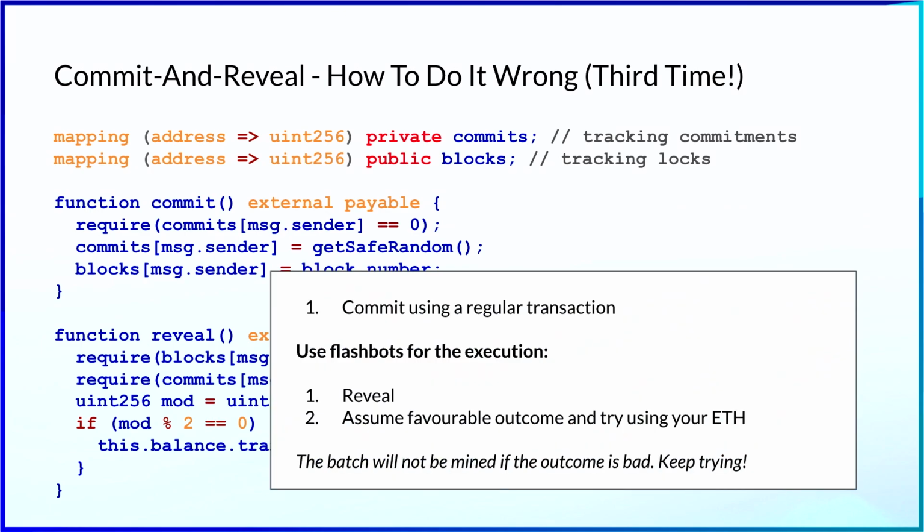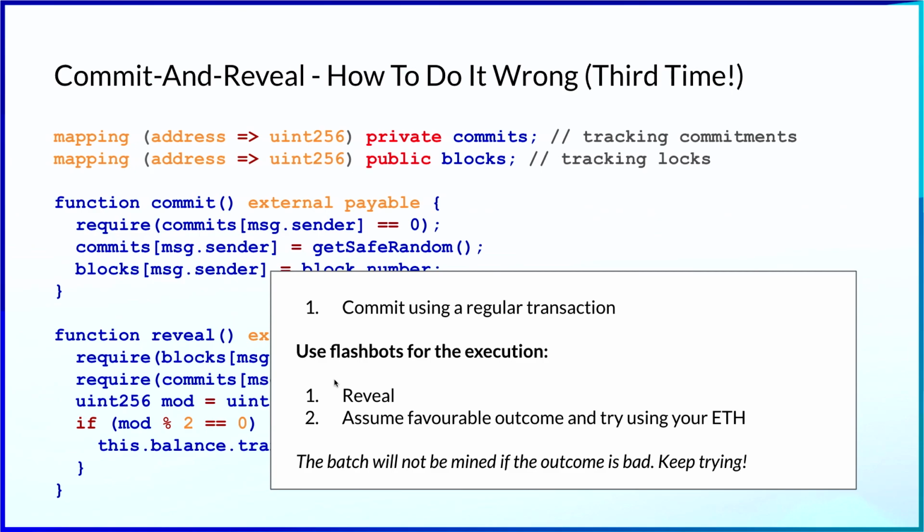So if I call reveal in different blocks or varying blocks, I will be coming up with varying results. And again, that is wrong because I can attack it. I can commit myself using a regular transaction, but that commitment just means that at some point I will be revealing, but everything will be decided way later during that reveal. So I can again use Flashbots to attack the reveal mechanic. Using 2 transactions, I will be calling reveal, assume favorable outcome, and then try to use my reward.